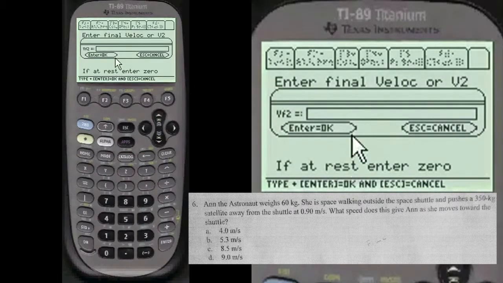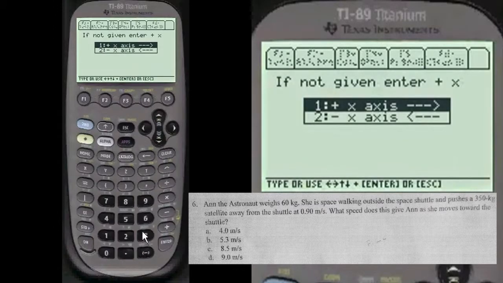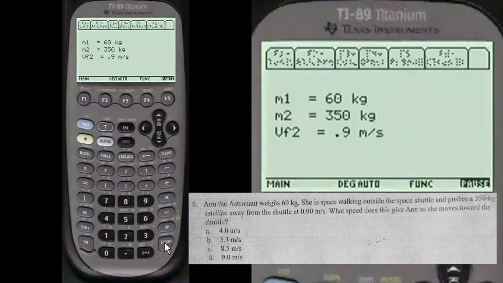And she pushes it away with a final velocity for the space shuttle of 0.9 meters per second. And here's meters per second. We're going to choose number 3. She's pushing it away from herself, so I would say that's going in the right direction there. We'll choose that one. I always show you what you've entered so you can change it if you want. I say that's correct.